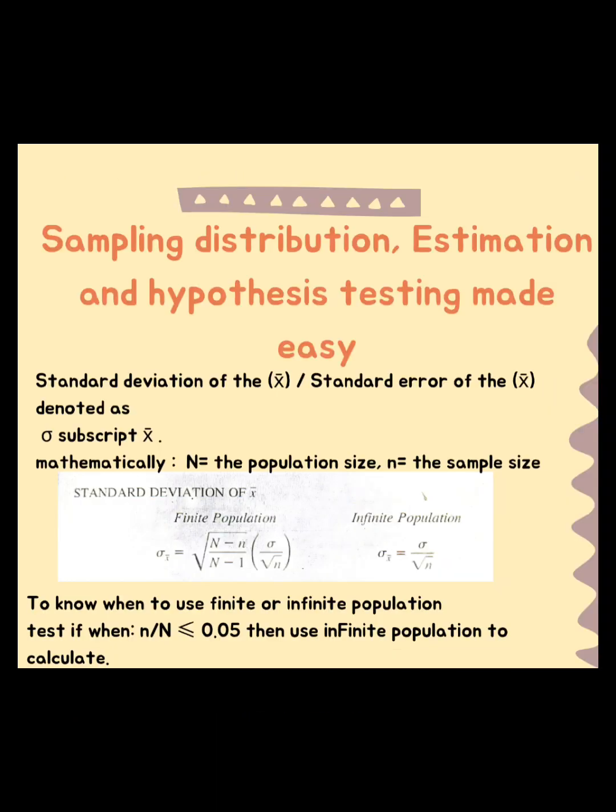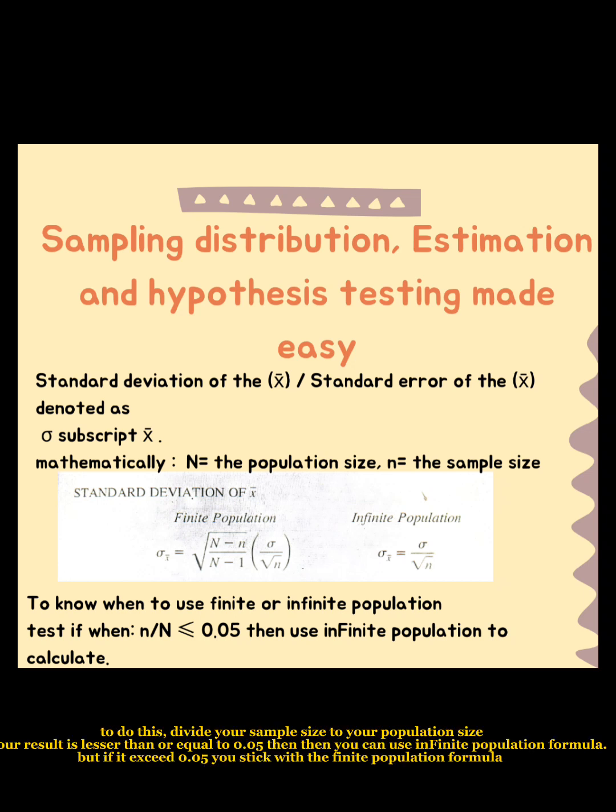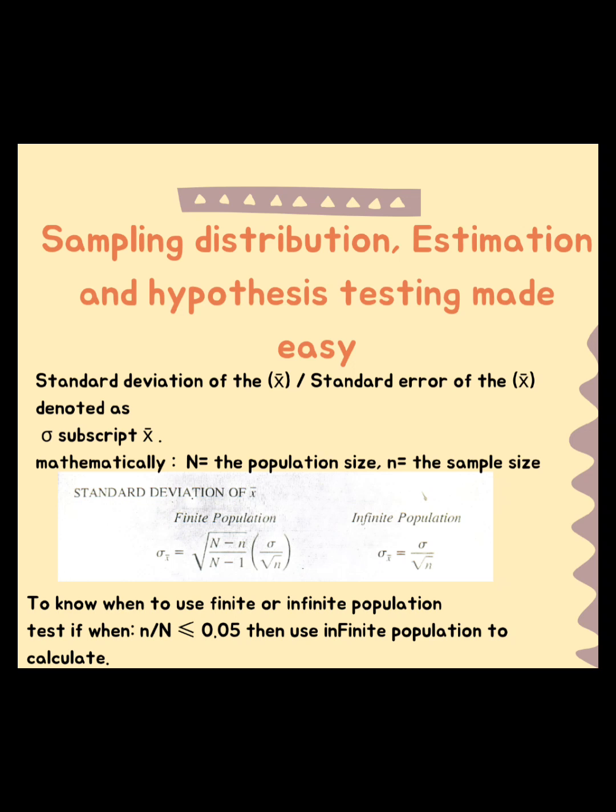In another digression, when we have a finite population, that is a known population, we can also choose to test if the infinite population formula will work. To do this, divide your sample size by your population size. If your result is less than or equal to 0.05, then you can use the infinite population formula. But if it exceeds 0.05, you stick with the finite population formula.